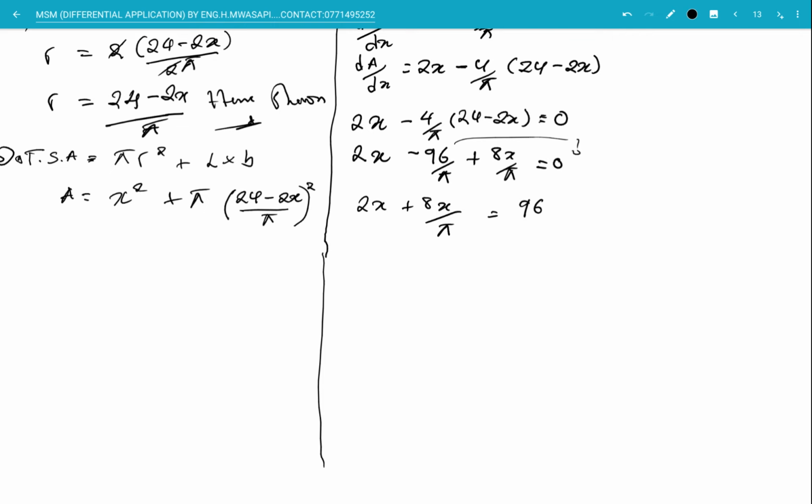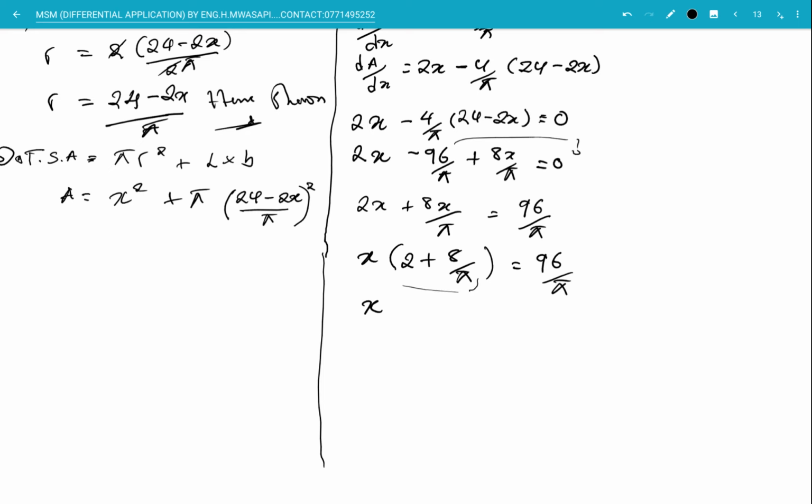We can factorize the x variable here because we know that it is common. x(2 plus 8 over pi) is equal to 96 over pi. What is going to happen is that we are going to combine these two because pi is a constant.